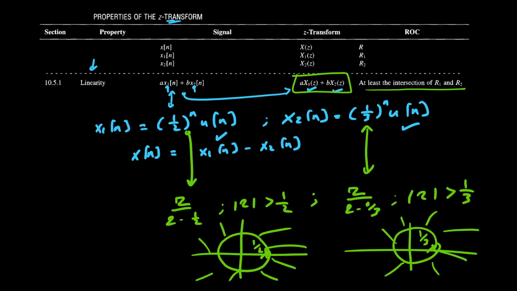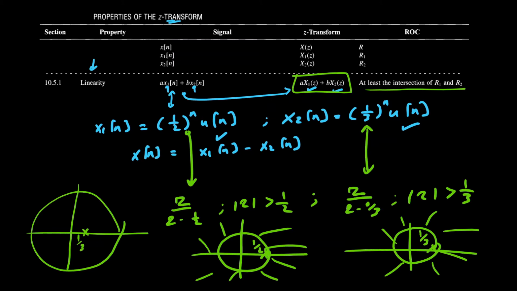Note that over here, if we combine the two ROCs, we have a pole at 1/3 and then we have a pole at 1/2. Say this is our unit circle. So the intersection of R1 and R2 is available for the ROC which is outward of 1/2.